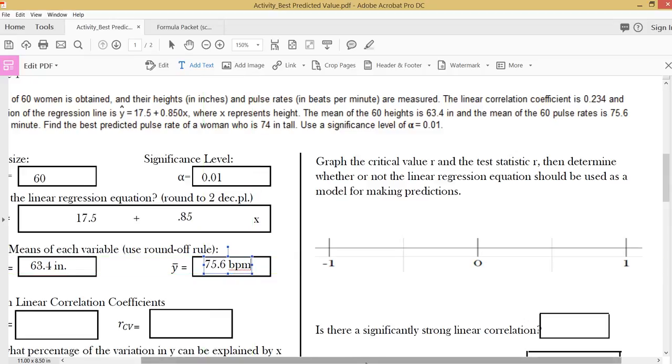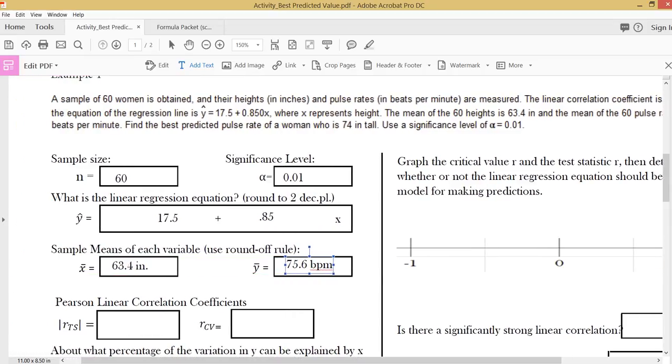All right. Then we have the Pearson linear correlation coefficient. The one that comes from our sample data is the one that we refer to as a test statistic, and we're really only interested in the strength of the linear correlation in determining whether or not we should allow ourselves to use this line to make predictions of someone's pulse rate based on their height.